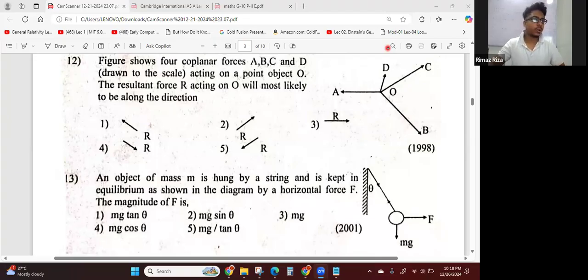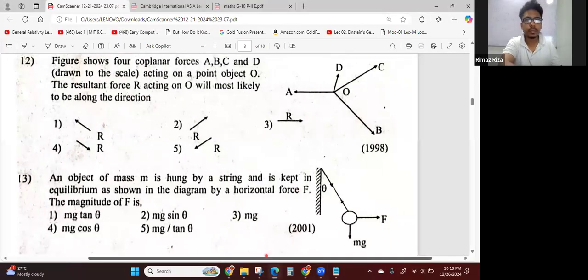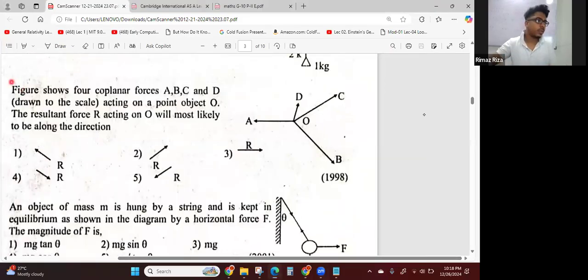Okay. So we'll try to get the resultant. Here what I can do is, I draw a parallel line from here, and I draw a parallel line for this from this point.